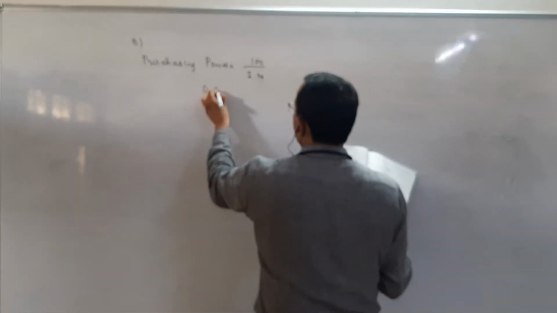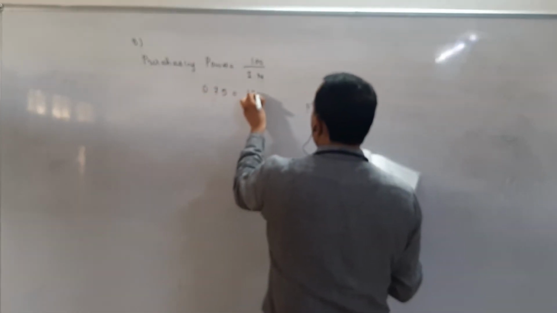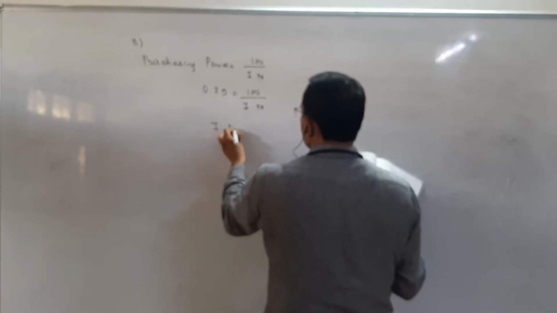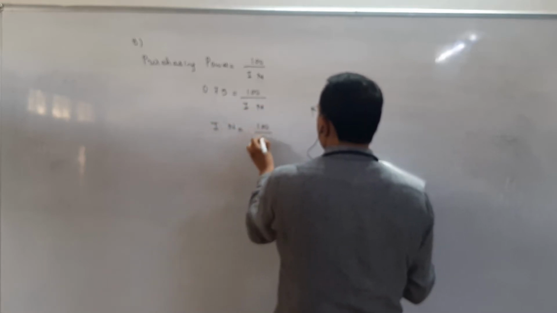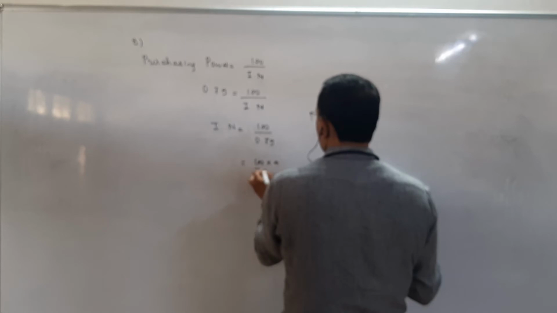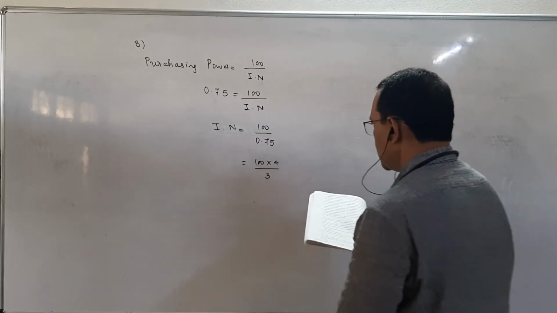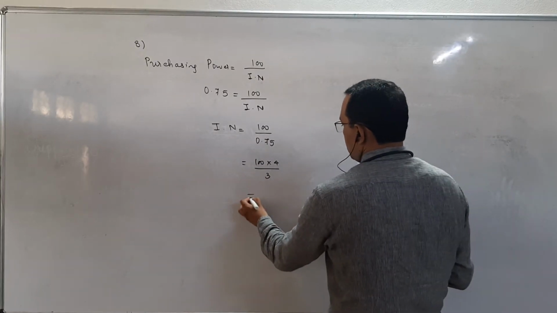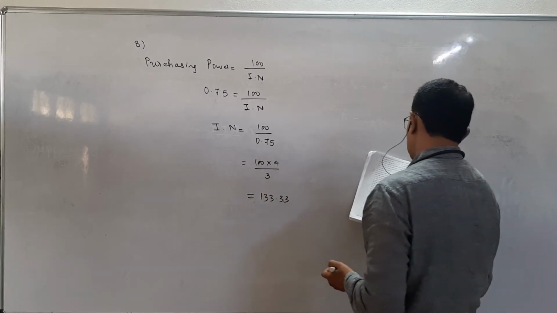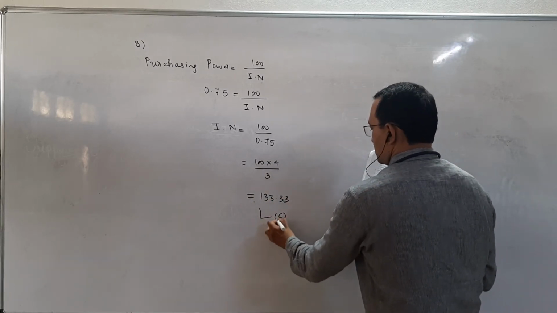Purchasing power is 0.75 and we have to find the index number. So the index number will be 100 upon 0.75. So 100 into 4 divided by 3. So 400 upon 3, so it is 133.33. So the correct option is C.